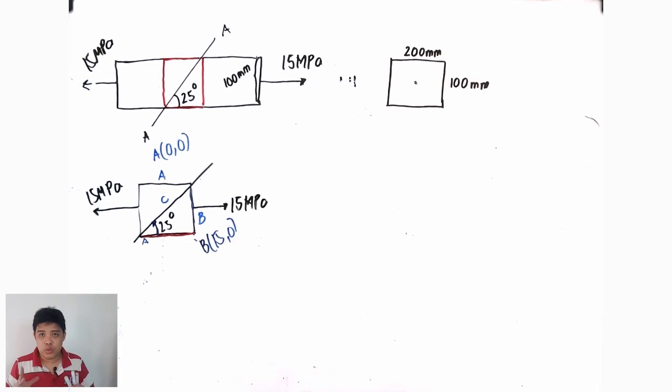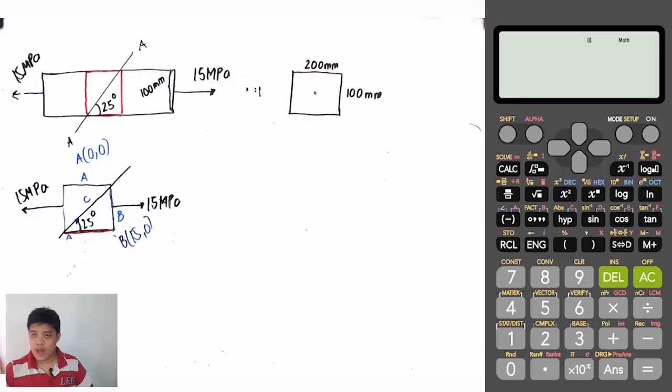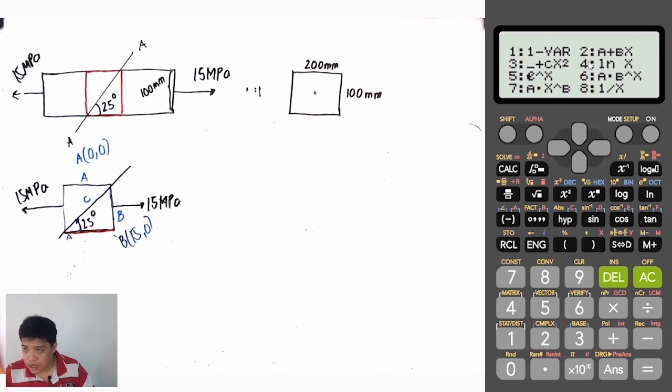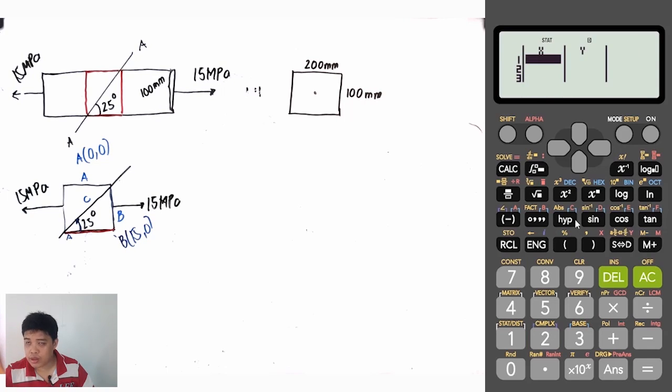How are you going to use the technique? So let me show you first our calculator. Again, look at our state of stress. You go again to mode number 3, which is STAT, and that is number 2, which is A plus BX.